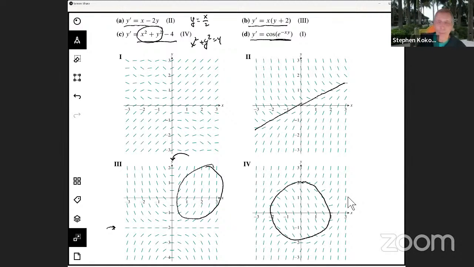Well, this is kind of a cool one. Maybe I should have done this one first. Y prime is the cosine of e to the minus xy. I'm not sure exactly how to start on this one, except maybe looking in the first quadrant. What happens when both x and y are positive, and what happens when both x and y increase, get large? Well, let's see.